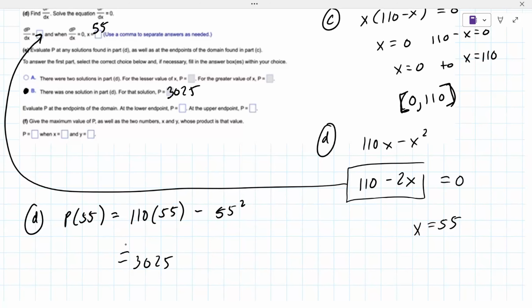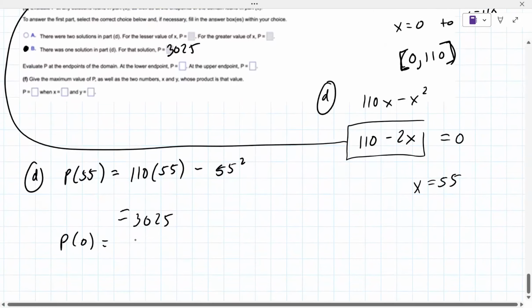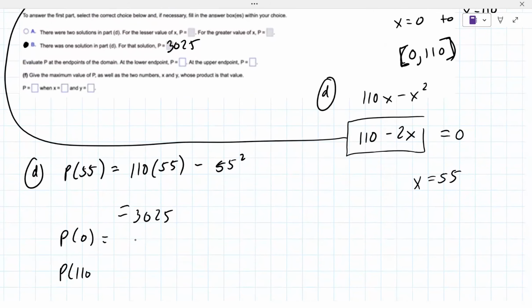So now when you evaluate the lower end point, so when you evaluate P of 0 and then P of 110, you find that they're both 0. Which is obviously not going to work here.